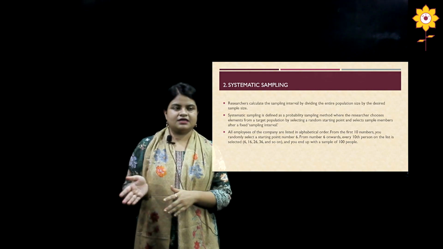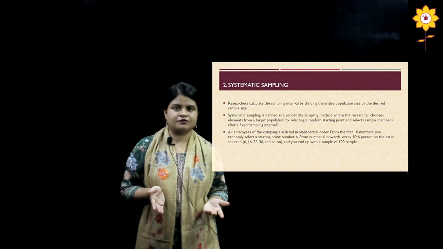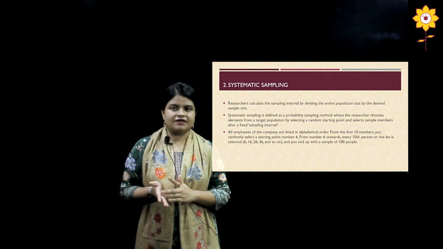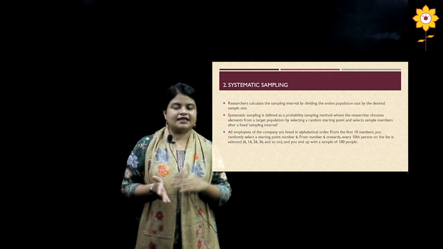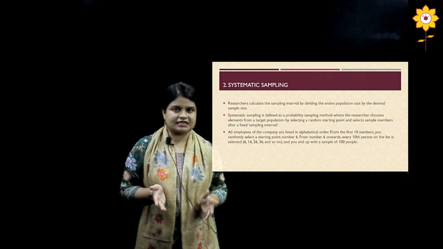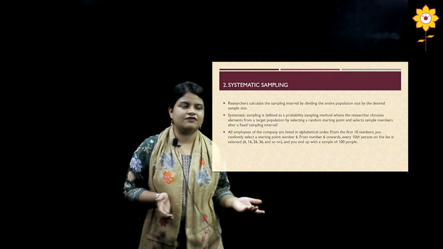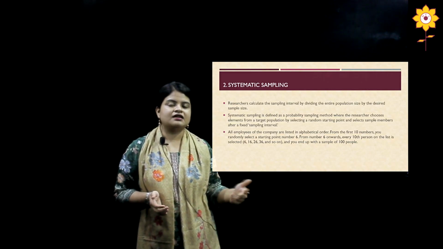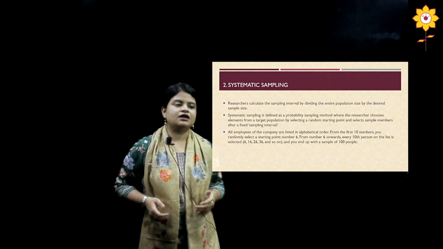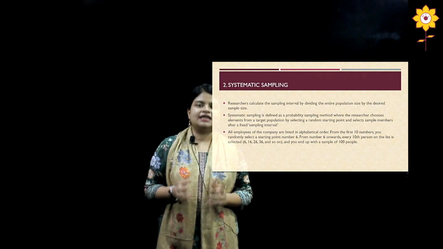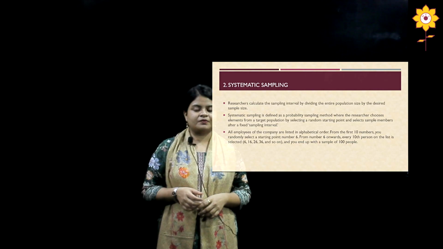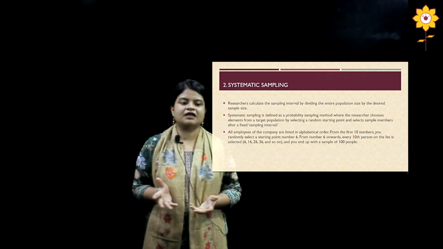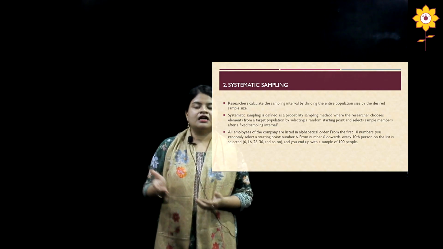So starting from 6, the next 10th person would be selected: the individual having the number 6, then the individual having the number 16, the same way 26, 36 and so on. Here the interval of 10 is selected by the researcher, and the starting point taken by him is the 6th number.